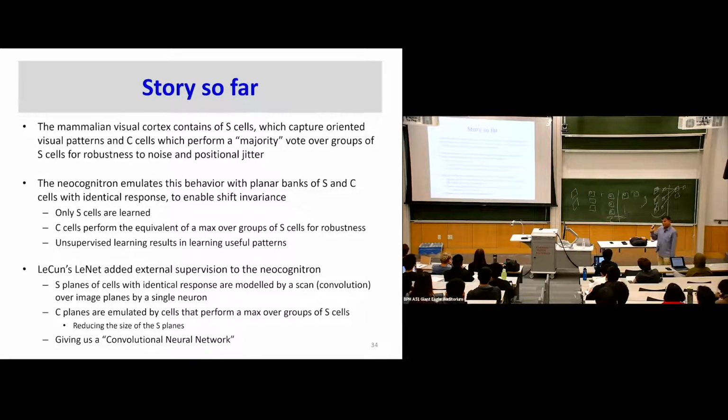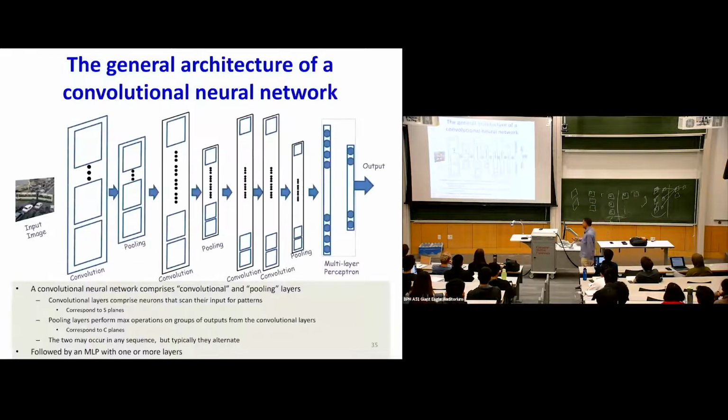So you see the biological basis of where this model actually came from, right? So here's the general architecture of the convolutional neural network. It comprises convolutional and pooling layers. Convolutional layers are basically the S cells, which have a learned response and look at all of the planes in the previous layer. And the pooling layers are the C cell planes, or C cell responses, which look at groups of S cell outputs and pick the max.